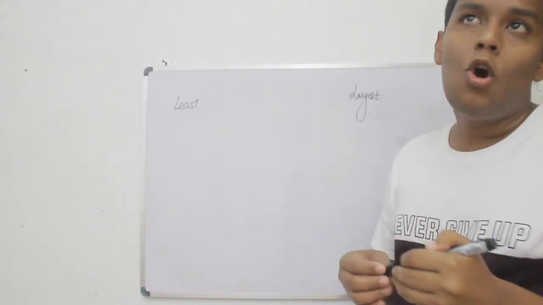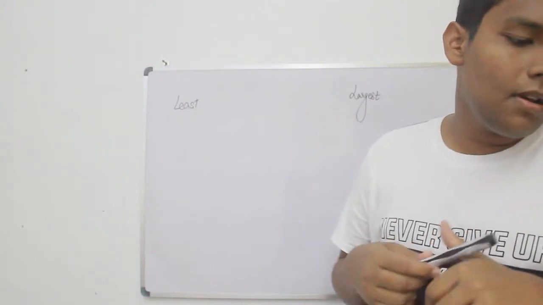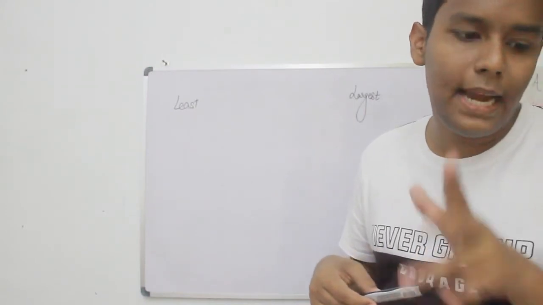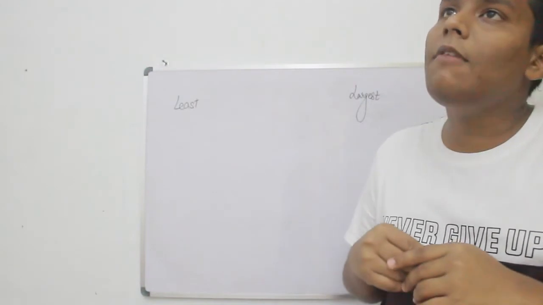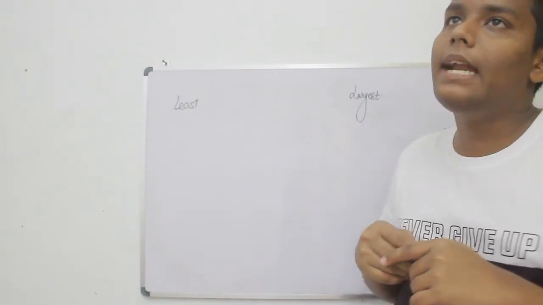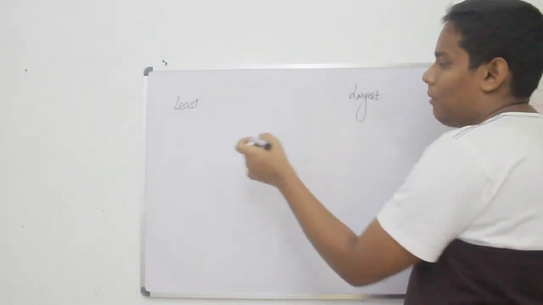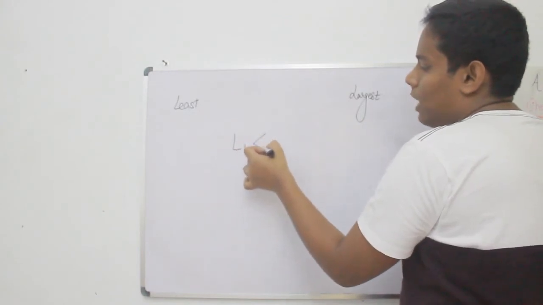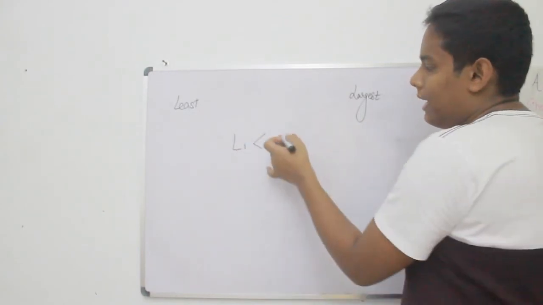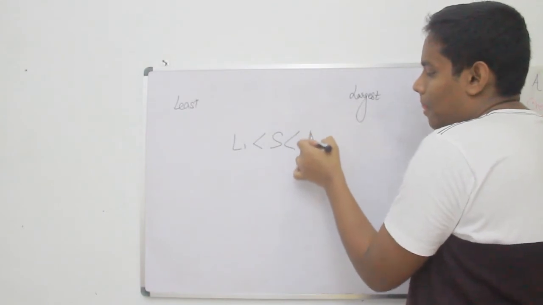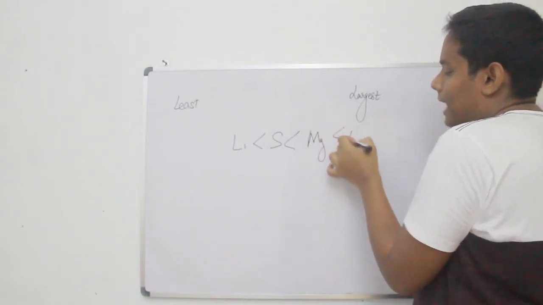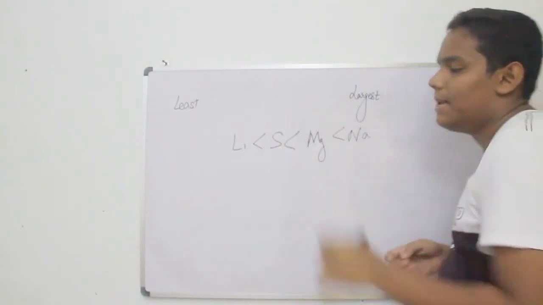Sodium and magnesium belong to period number 3. Sulfur also belongs to period number 3. So if you look at their order, lithium is the smallest, then it should be sulfur, then magnesium, then sodium. So for the first one, this should have been the answer.